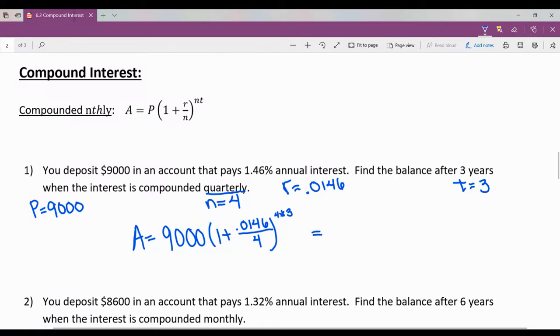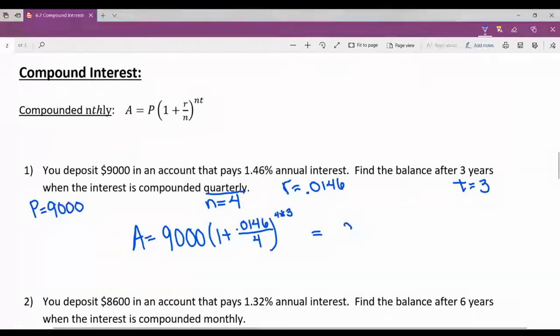Okay, so now we go ahead and calculate that. We use our calculator. We do 0.0146 divided by 4. Then we're going to add 1 to that number. Then we're going to raise that number to the exponent of 4 times 3, which is 12. And then we're going to multiply that by 9,000. So we're doing inside the parentheses, then the exponent, then the multiplying.